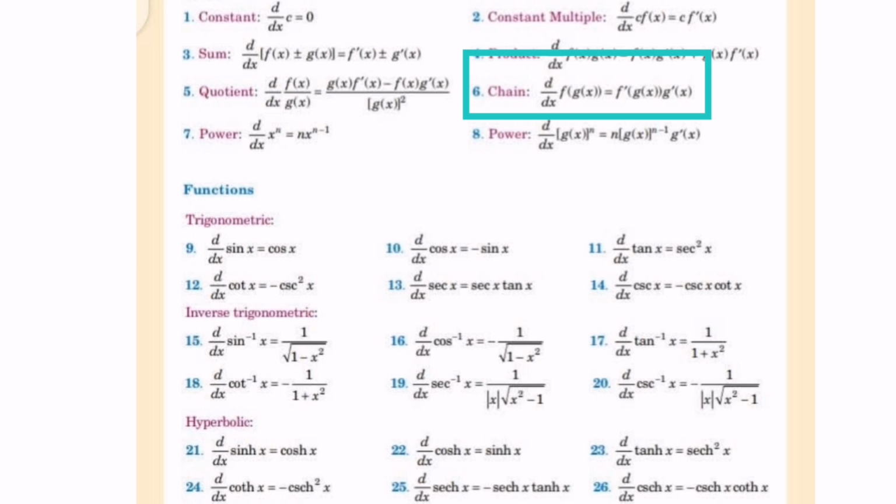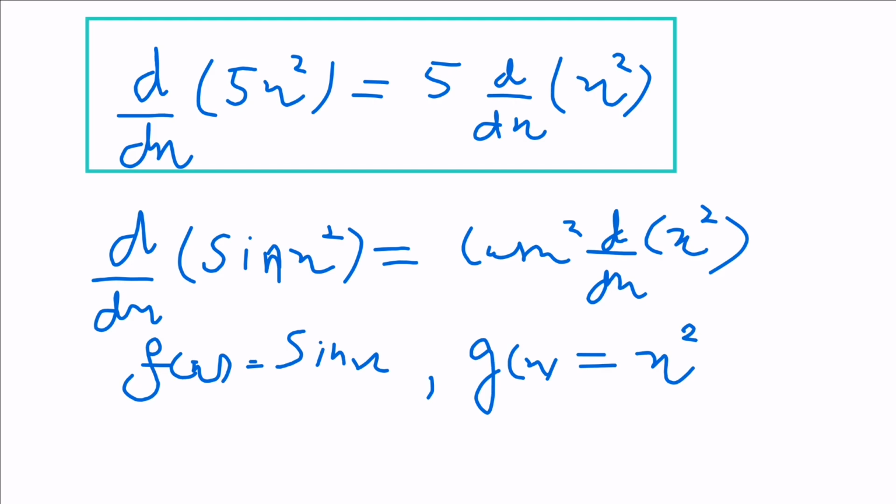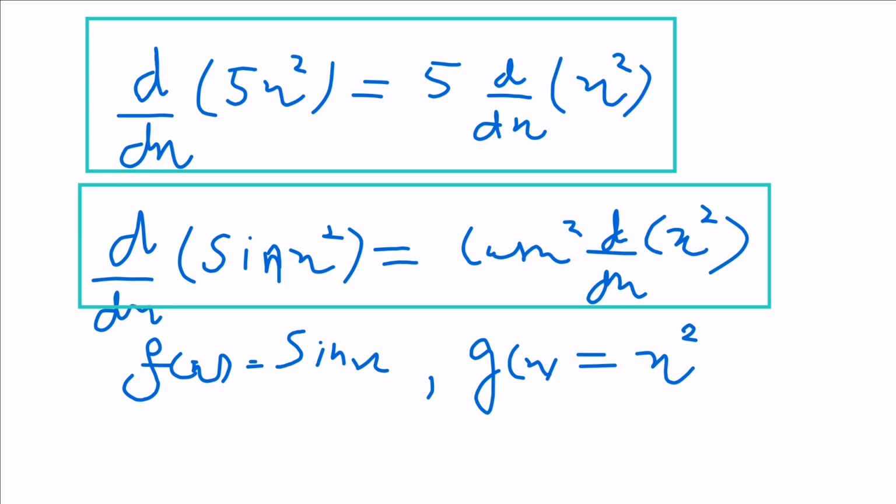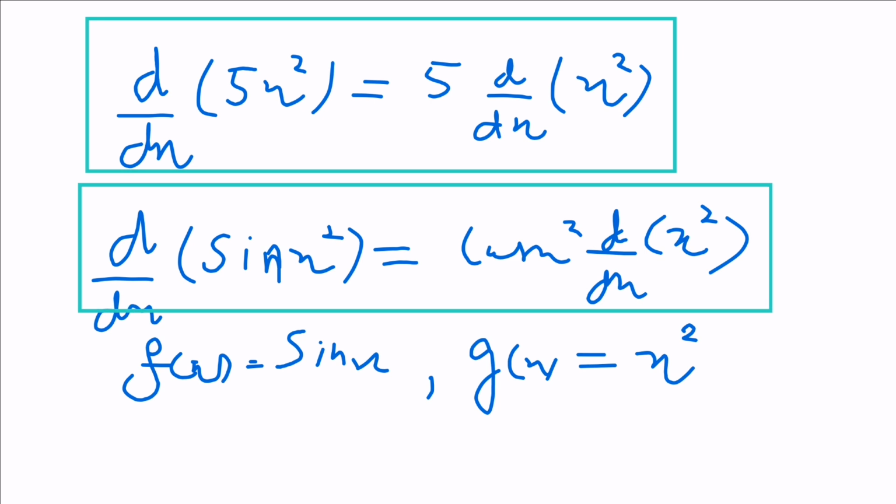For example, derivative of sine x square is equal to cos x square, again derivative of x square.